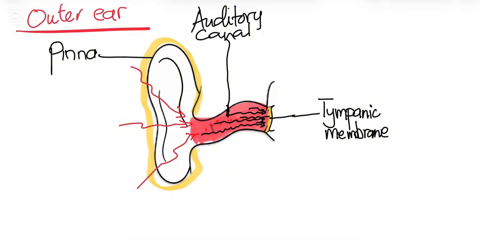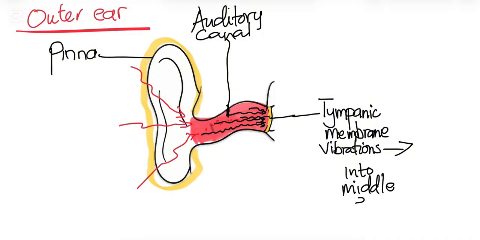Maybe we can say it starts moving sideways like that, or it starts shaking, right? And as it shakes, it generates some vibrations. So this is our outer ear, and just take note, these vibrations are then going to be transmitted into the middle ear, which is what we are going to discuss next.